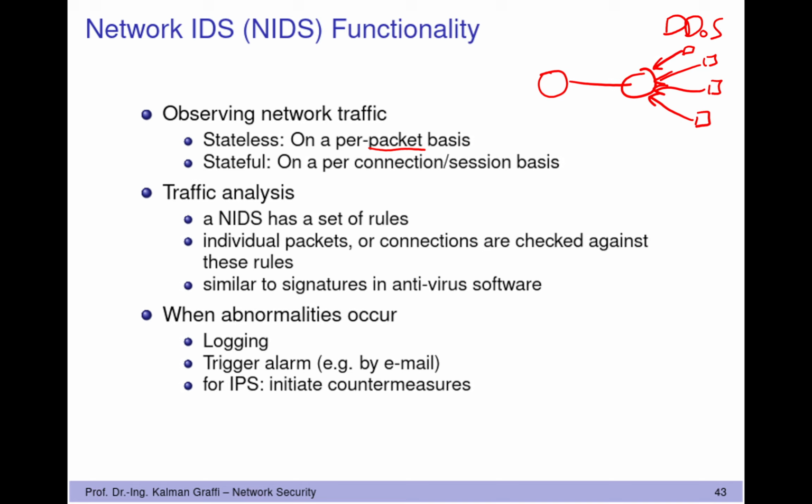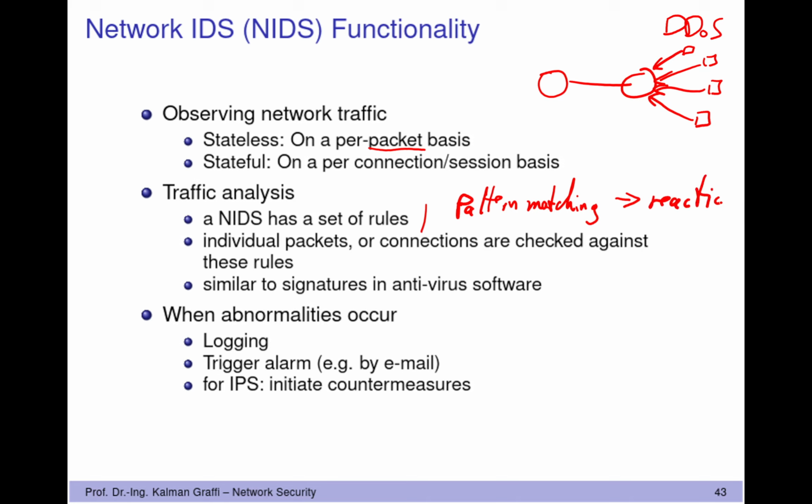So how does it work? Intrusion detection systems, especially network intrusion detection systems, have a set of rules that are very similar to those that we saw for the firewall. Basically there's pattern matching based on the whole packet and some reaction.